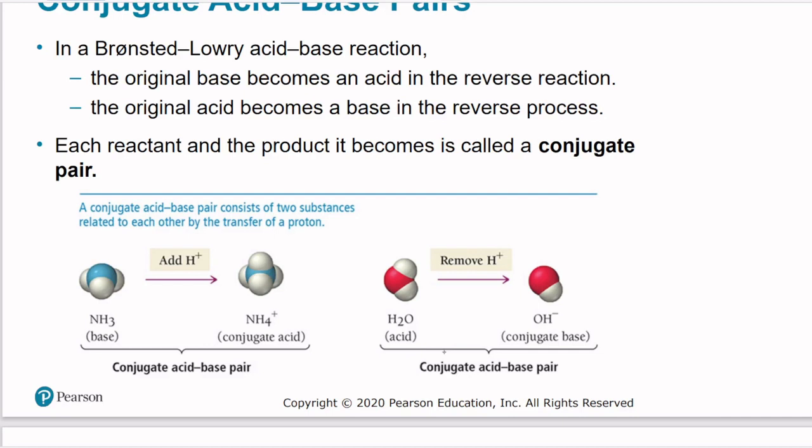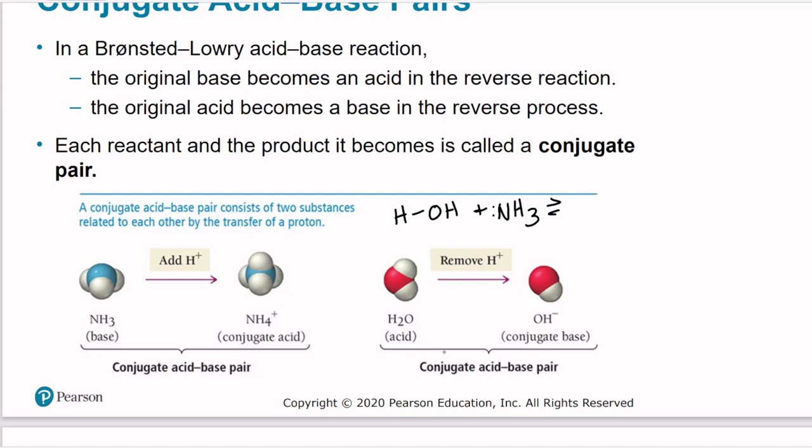So let's write this reaction. Water is acting as an acid, right? Let's write it like this. Water is H2O, so let's write it with the H that's going to be donated, separated from the other hydrogen, plus ammonia, which is our base, that's NH3. And this is a reversible reaction. And what's happening in this reaction?